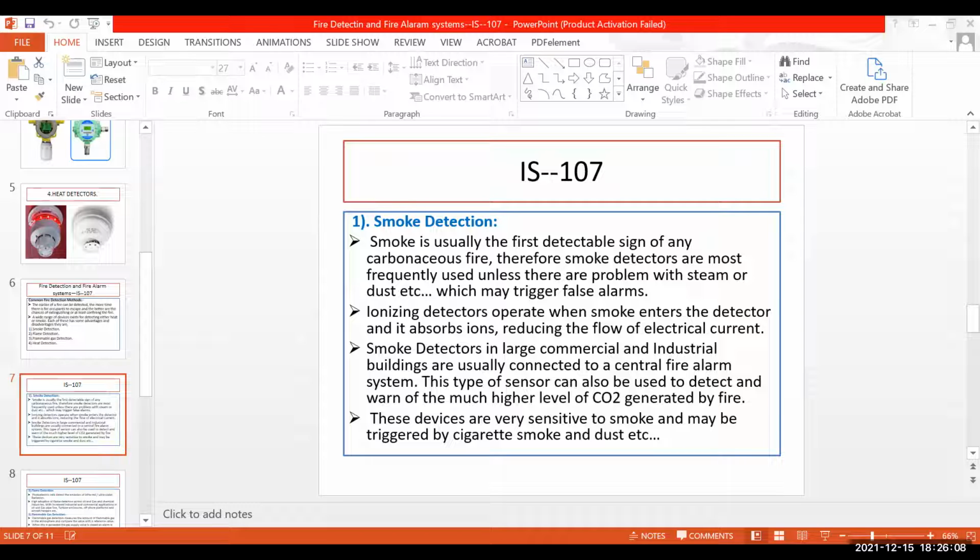Let me check once more. One minute. Smoke detection.